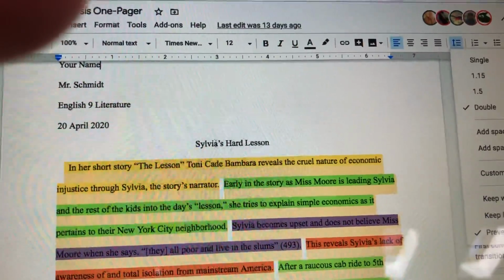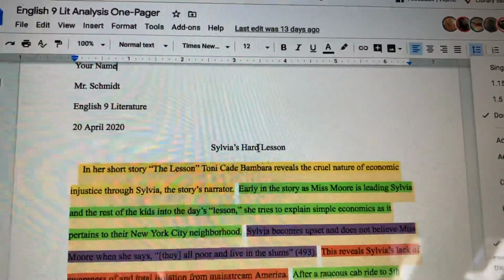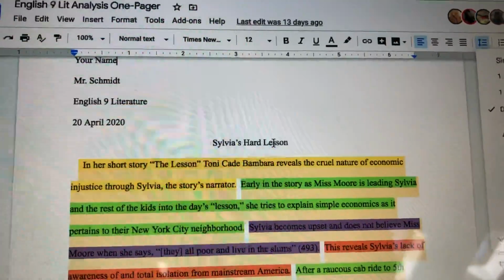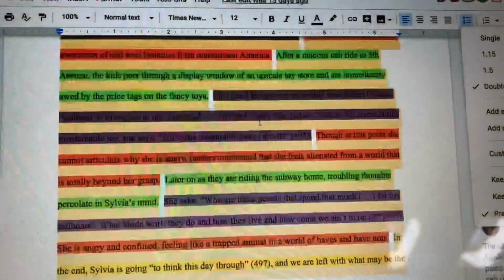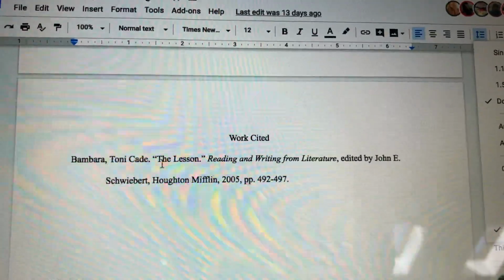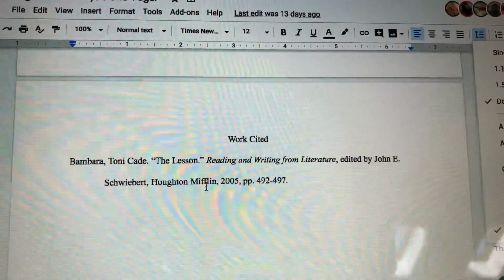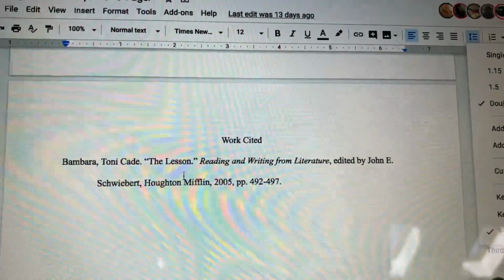Okay. Then you should try to come up with a sentence or a title that kind of gets to the gist of the whole thing. And then also at the end, you're going to include a works cited entry that shows where you got all the information.